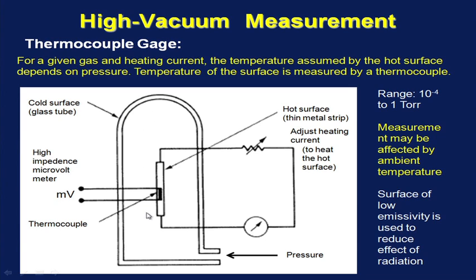But this thermal conductivity depends on this pressure. So, the temperature of this hot metal strip will be dependent on this pressure. So, by measuring the temperature of this metal strip using a thermocouple, I can relate the temperature, or the output of the thermocouple, which is millivolt, to this pressure.